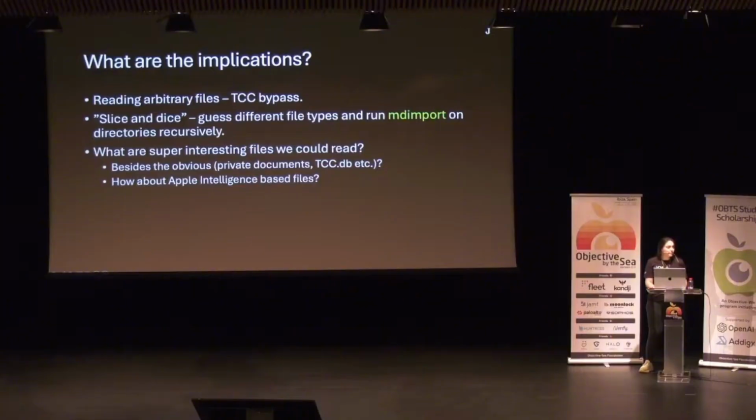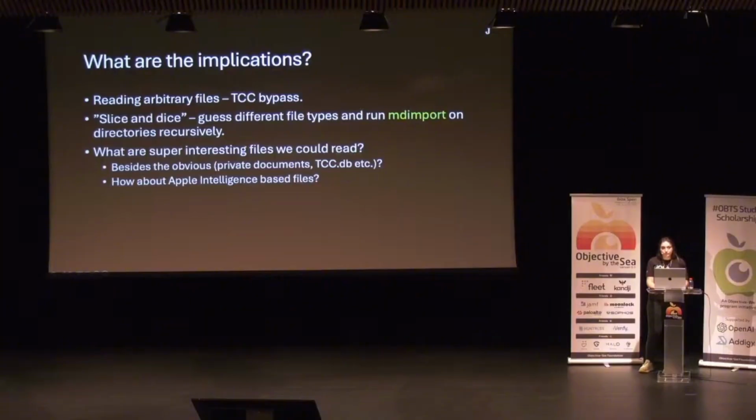And then we were thinking, what are super interesting files to read besides the obvious? The obvious are private documents. Then we decided to look at Apple Intelligence. By the way, the entire reason why we started looking at dynamic types in the UTI is because SQLite databases are dynamic types.